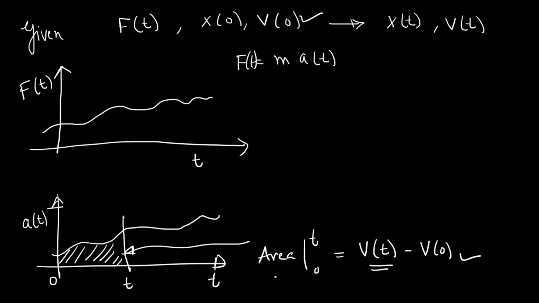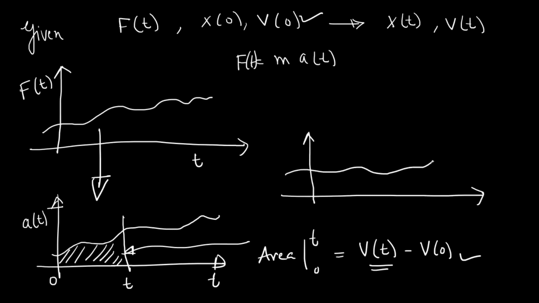Therefore, thanks to Newton's laws, we can come from the force history to acceleration to velocity at any time. Now you could in principle plot velocity at every time, whatever it is. This is time. Let's say t is equal to 0, and once again find the area.